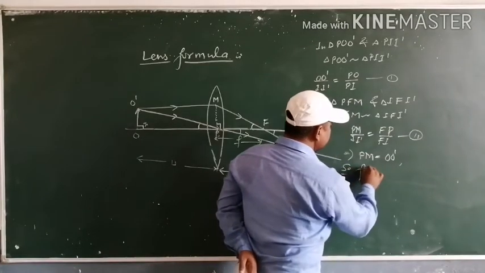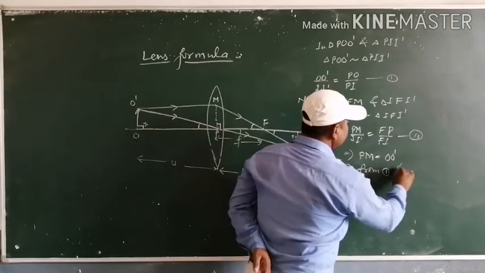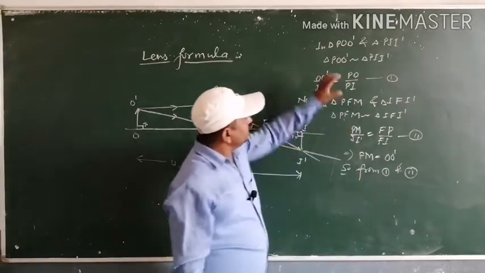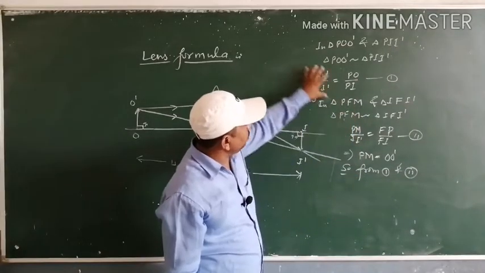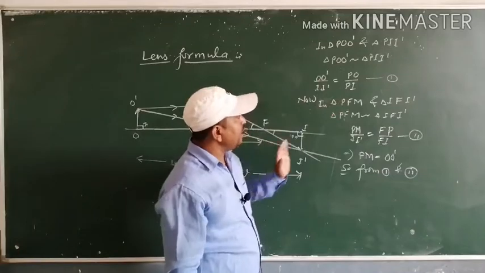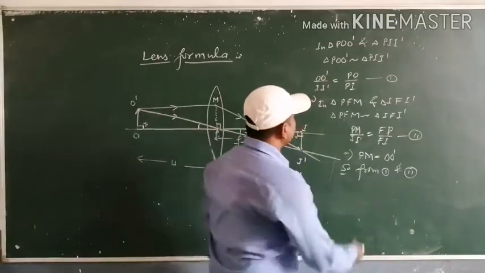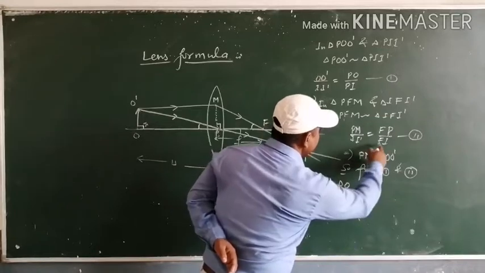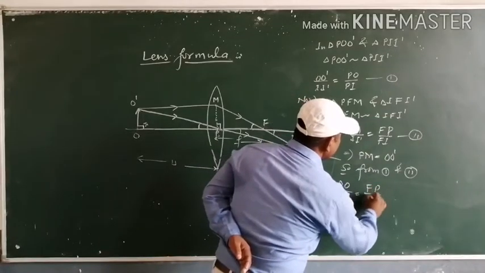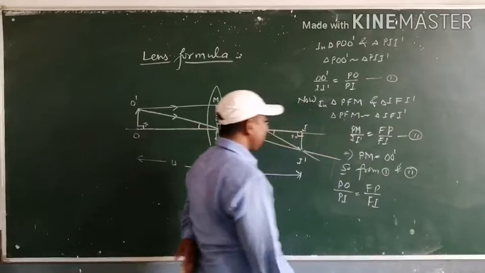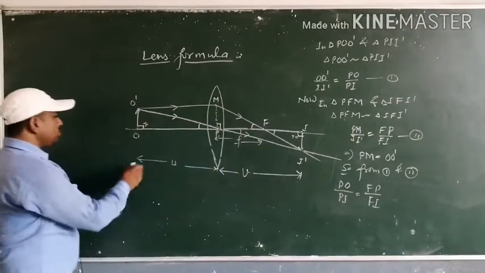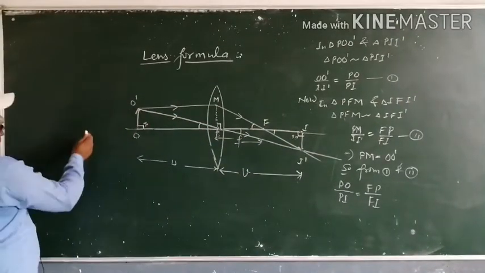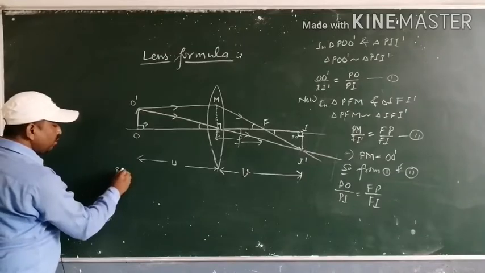So from the first and second equations, we see that the LHS of both is the same, so the RHS will also be the same. It means PO divided by PI is equal to FP divided by FI. Now, what will be the value of PO?